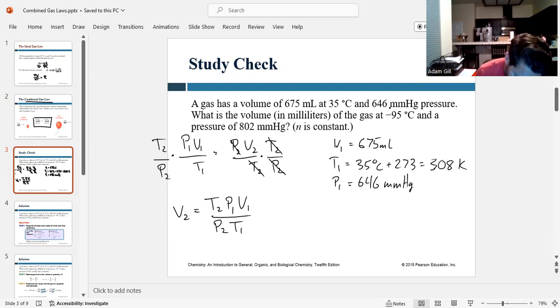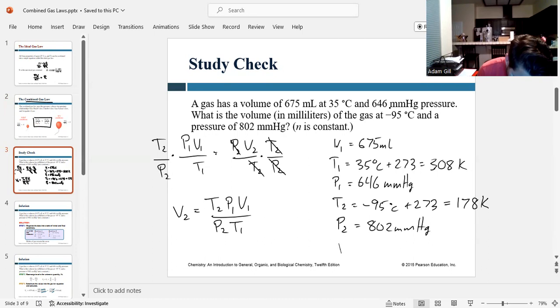And then they tell us that temperature 2 is negative 95 degrees Celsius. We're going to convert that to Kelvin, plus 273. It'll be 178 Kelvin. And the final pressure was 802 millimeters of mercury. And once again, we are looking for volume 2.